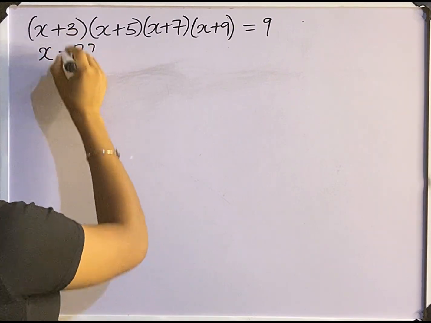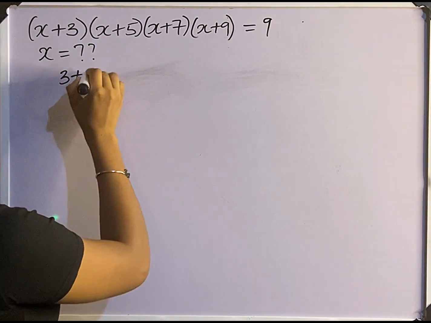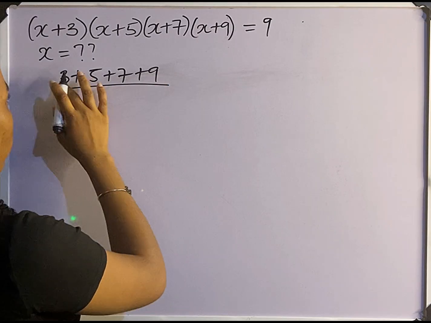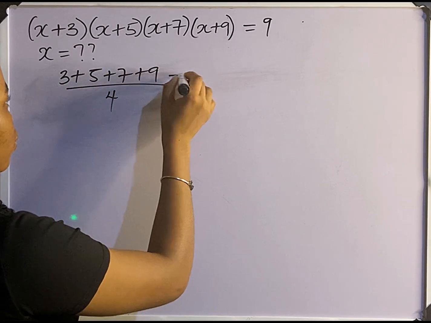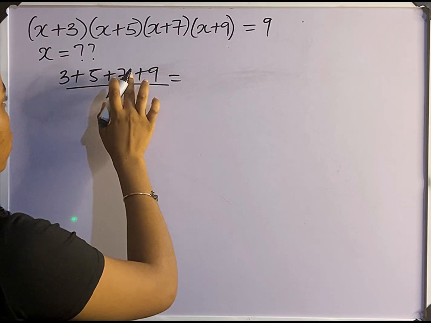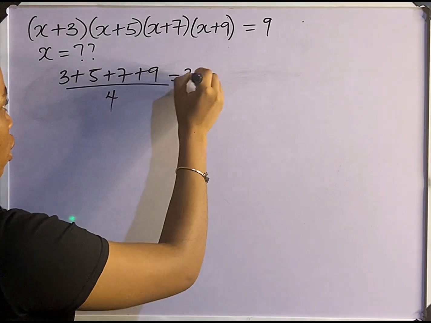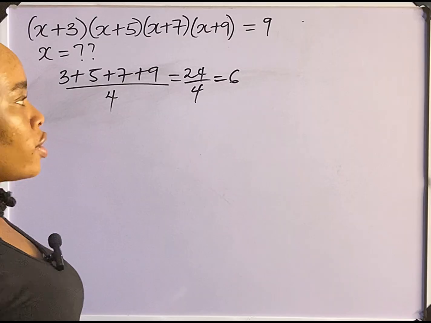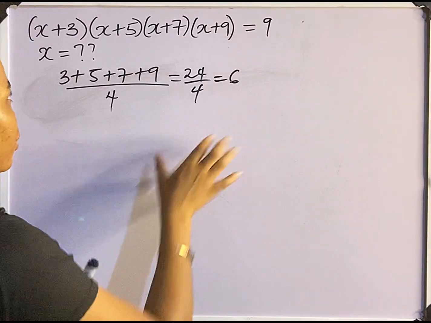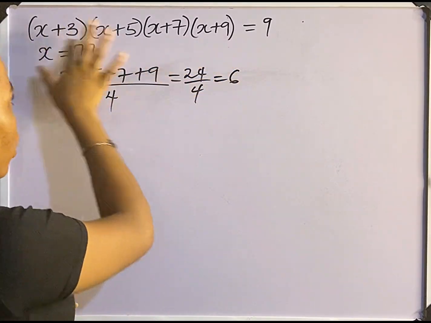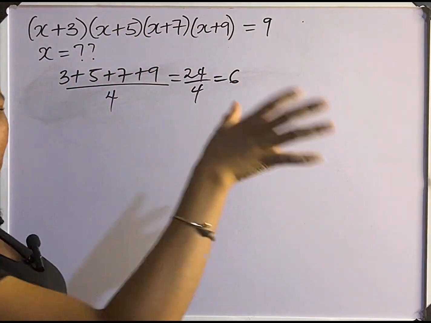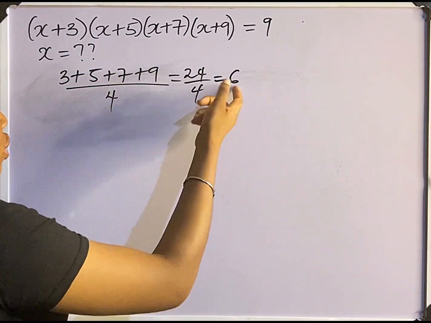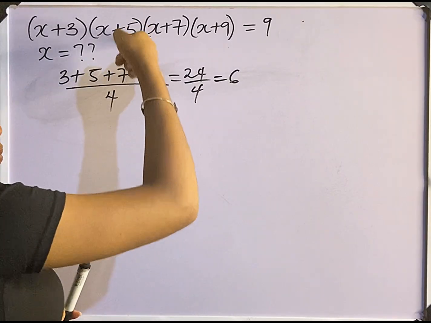So I have (3 + 5 + 7 + 9) over 4, which is 24 over 4, which gives me 6. So the average of the constants is 6.